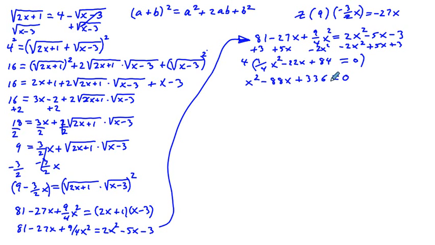So now we have a quadratic equation that I hope we can solve. And what we're looking for now are the two numbers which, when multiplied together, equal 336, yet when added together equal 88. So we see they're going to be pretty far apart, and so we can rewrite 336 as 2 times half of 336, which is going to be 168.